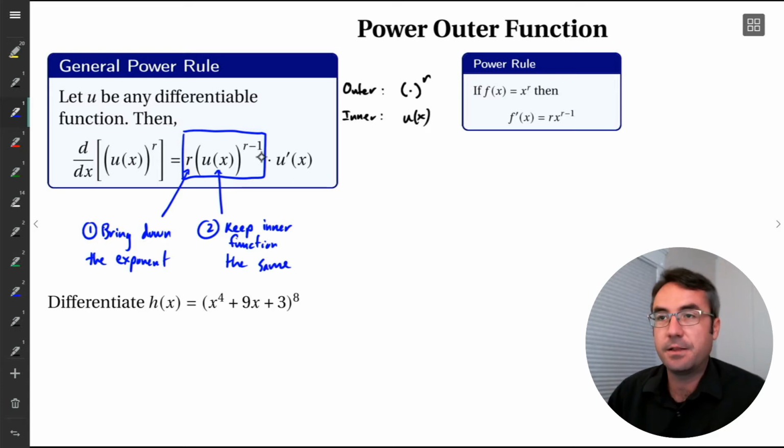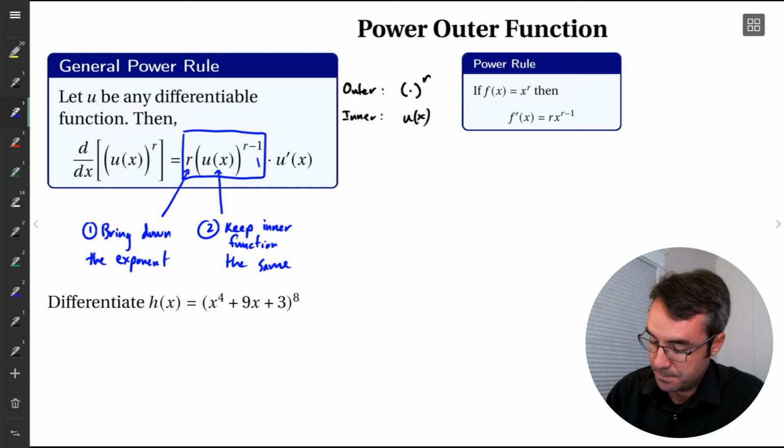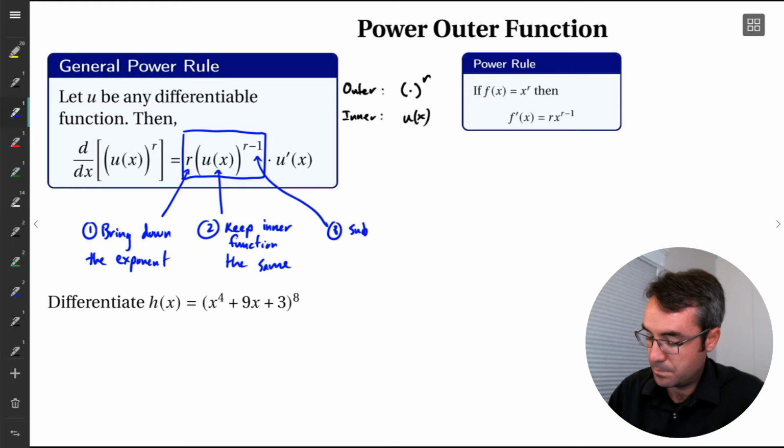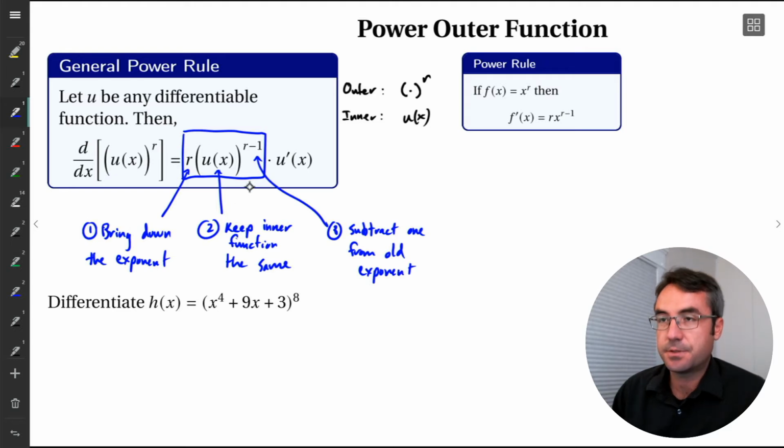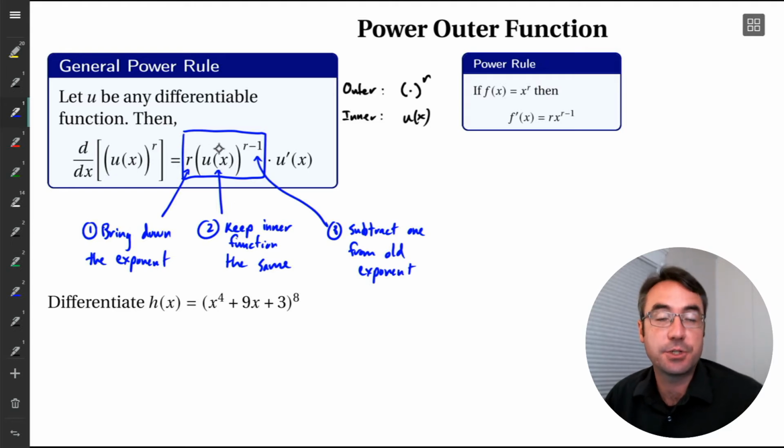And then finally, going along with the power rule, we subtract 1 from the exponent, just like we'd normally do. This differentiates just the outer function piece.